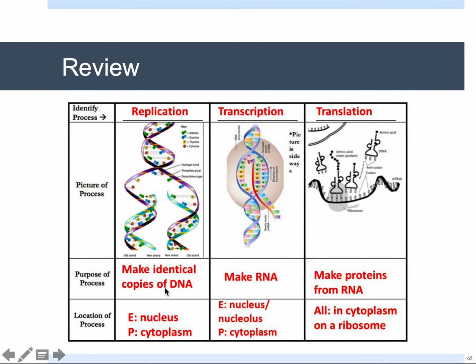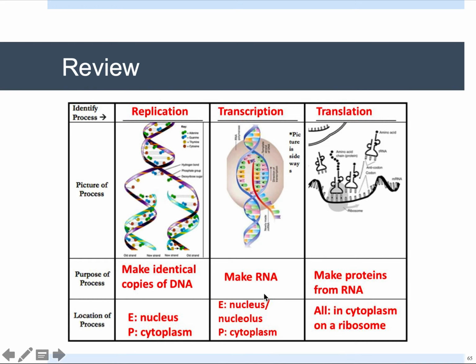By way of review again, replication for prokaryotes would take place in the cytoplasm; for eukaryotes, in the nucleus. Replication is making DNA copies, and it happens during cell division. Then transcription, the making of an RNA, for prokaryotes would take place in the cytoplasm. Remember, it has no membrane-bound nucleus.